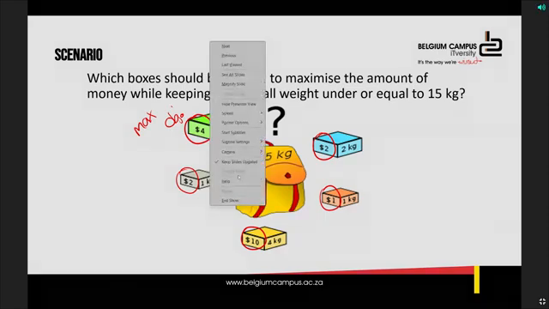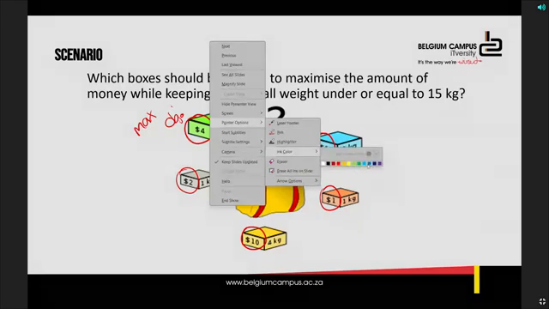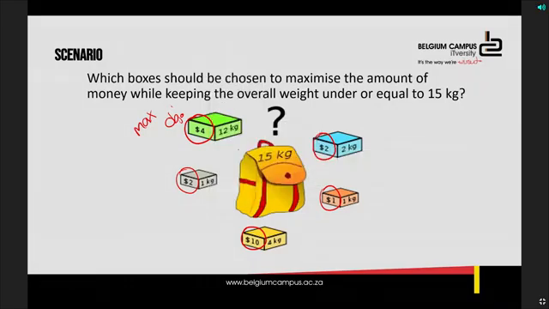Okay, so we're maximizing if it's in terms of what value it has to you. If you want to minimize, it's anything to do with costs or things that you do not want to go over a certain amount. Okay, then we want to make sure the weights are limited to less than or equal to 15 because you do not want to go over that weight. So that's going to be your constraint.